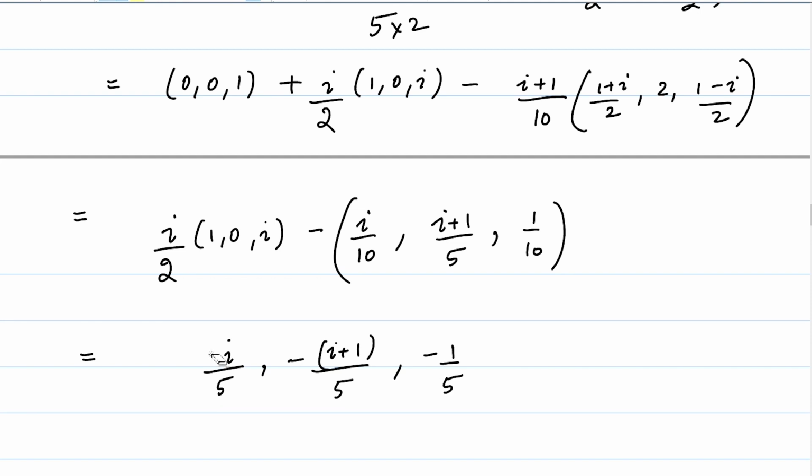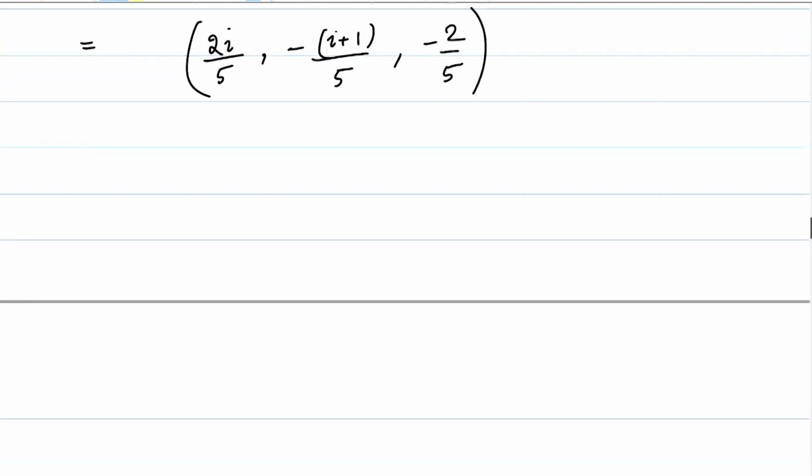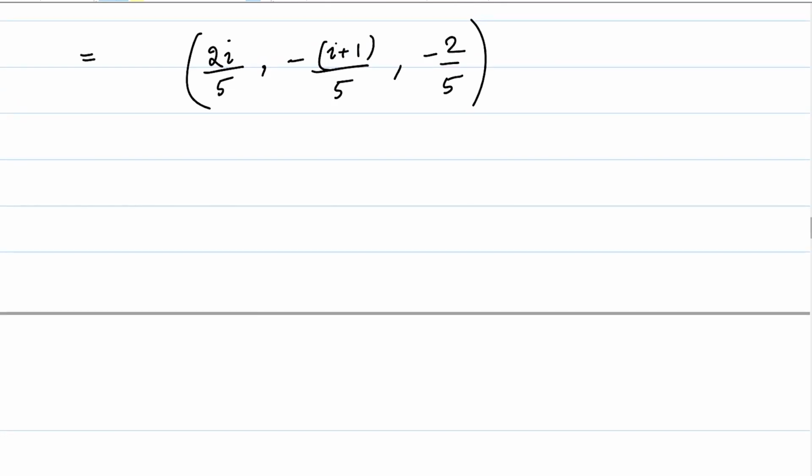Yeah, I made a mistake. This is not going to be, yeah, this is 2. This will be minus of 1 by 2. This is also going to be 2 by 5. And therefore, if you are to extract things out, this is just going to be equal to 2 by 5 times i, minus of (1+i)/2, and minus of 1.